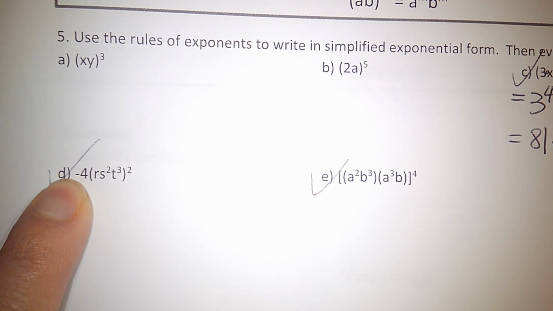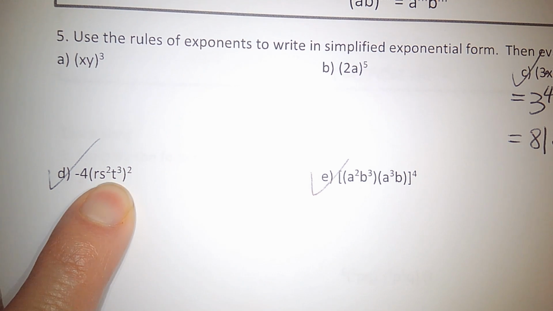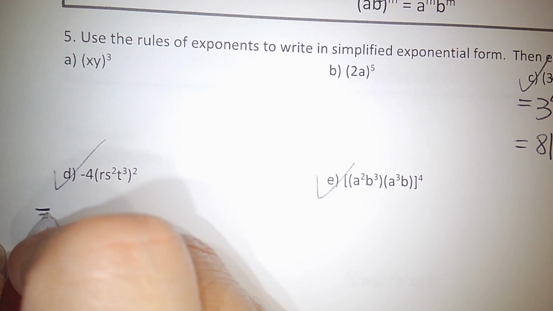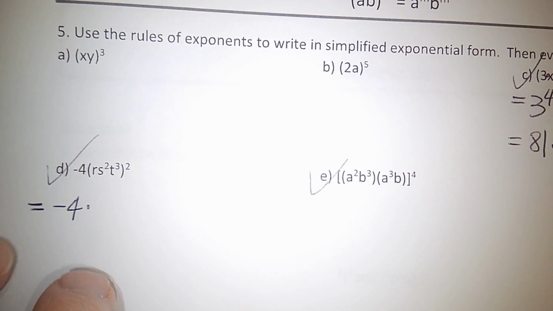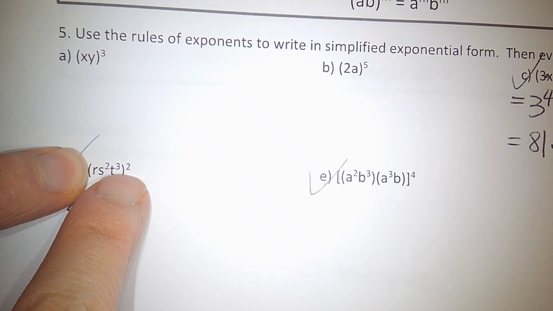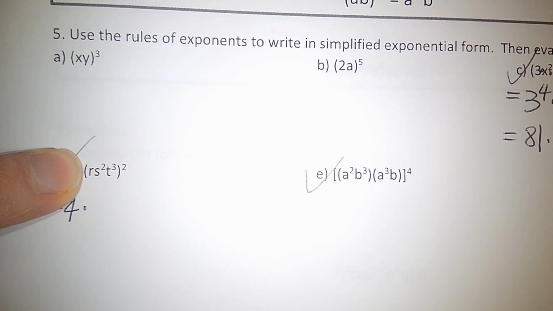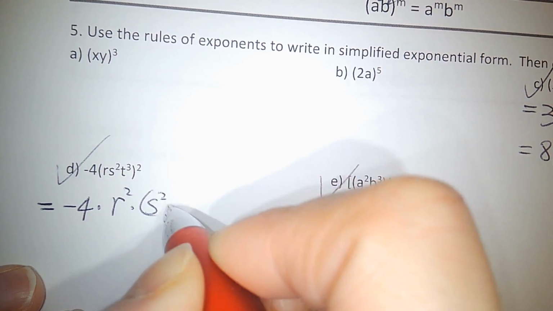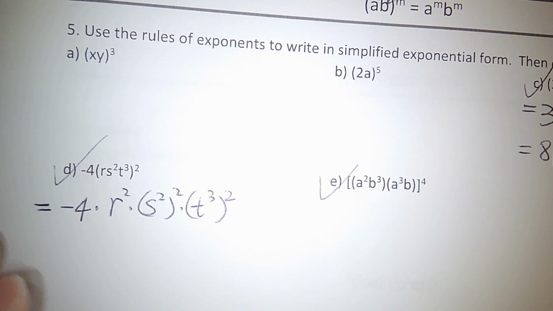Negative 4 r s squared t cubed, squared. Negative 4, right, is negative 4. Then for the square, we could distribute the square to each of the factors inside the parentheses. So it should be r squared times s squared, squared times t cubed, squared.